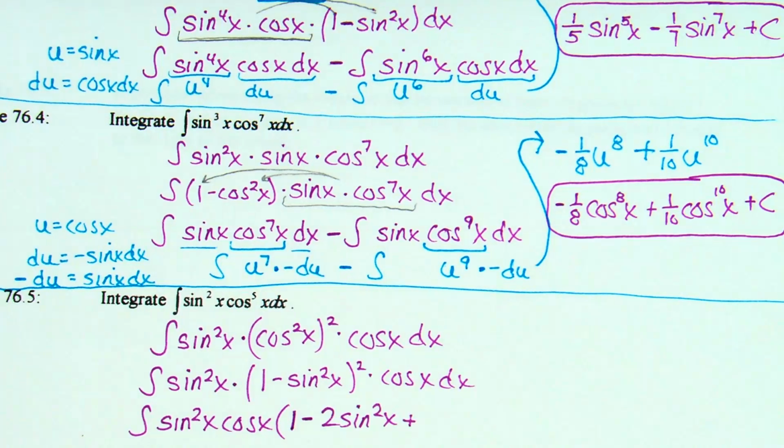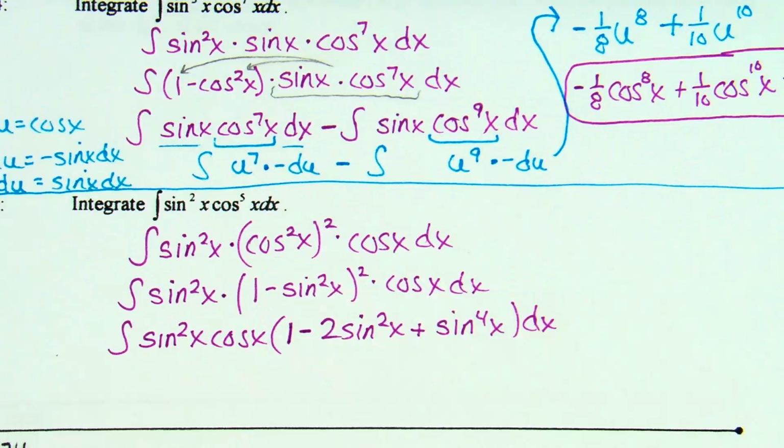Now, what am I ready for you to do? Now we distribute. Take this sine squared cosine x, and we're distributing. How many things are we distributing it to? 3. So, am I safe to go ahead and break this up into 3 integrals along the way?